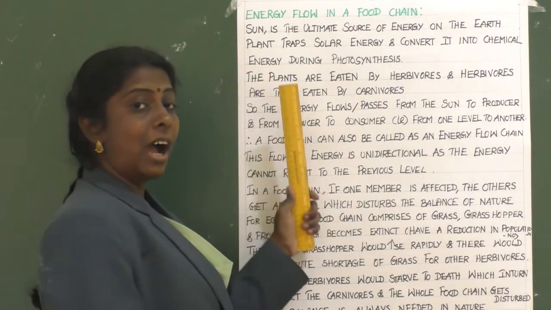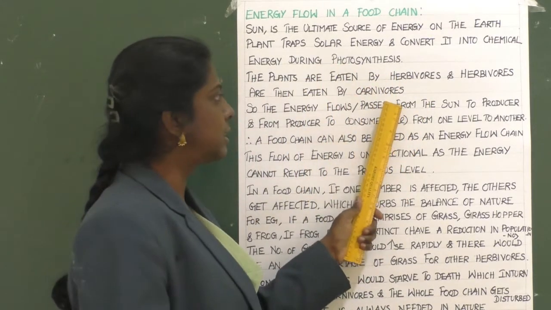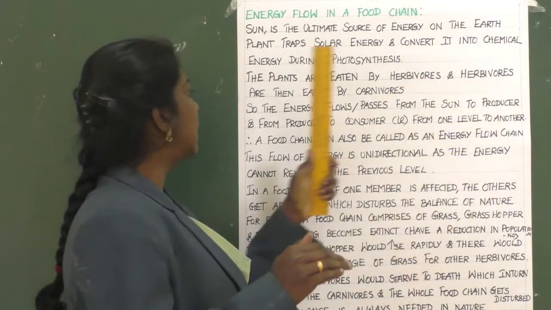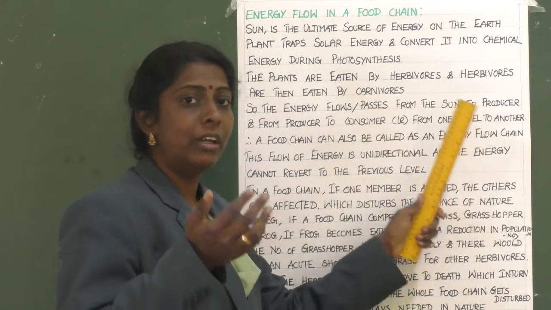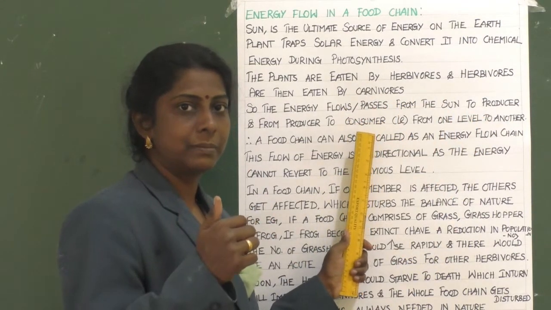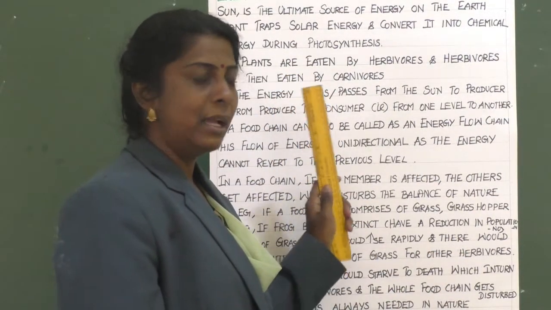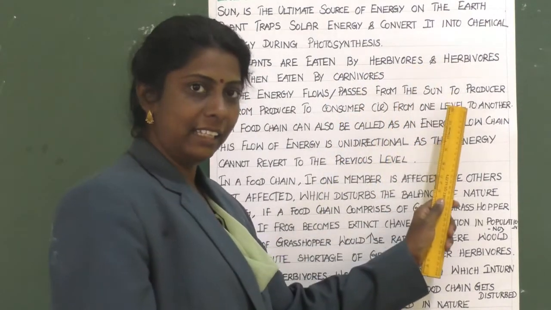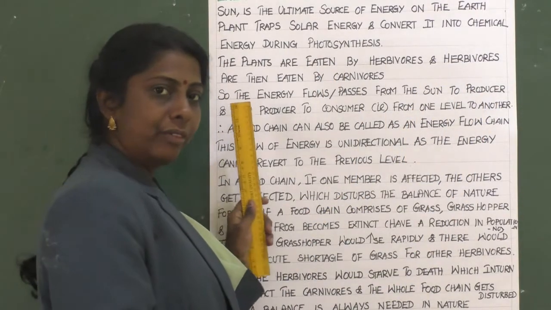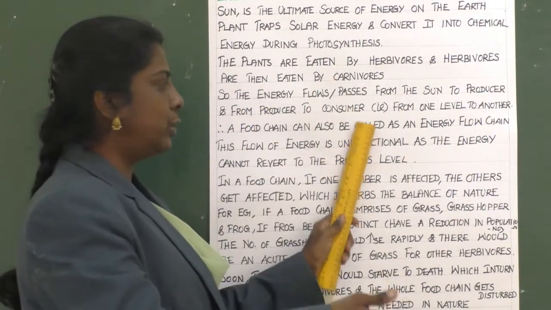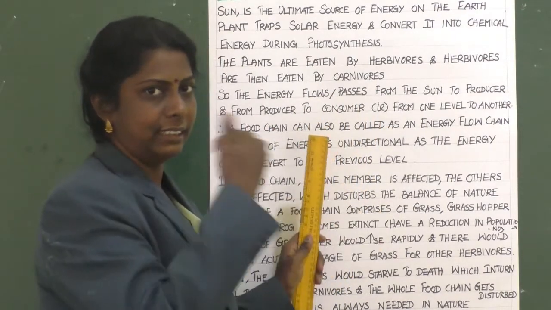The plants are eaten by herbivores, and herbivores are then eaten by carnivores. So, the energy flows from the sun to the producer, and from the producer to the consumer, that is from one level to another.